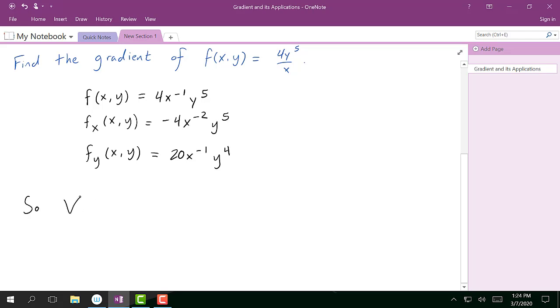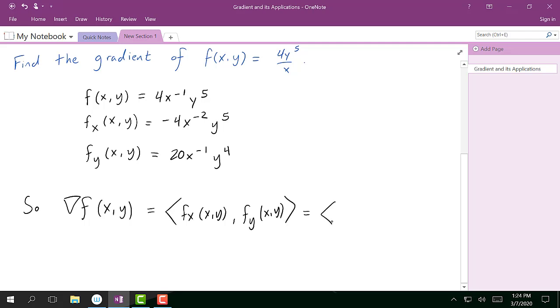So we conclude that the gradient of f at any point (x, y) will equal: the first component is going to be f sub x at the point (x, y), and the second one is going to be the partial derivative of f with respect to y at the point (x, y).